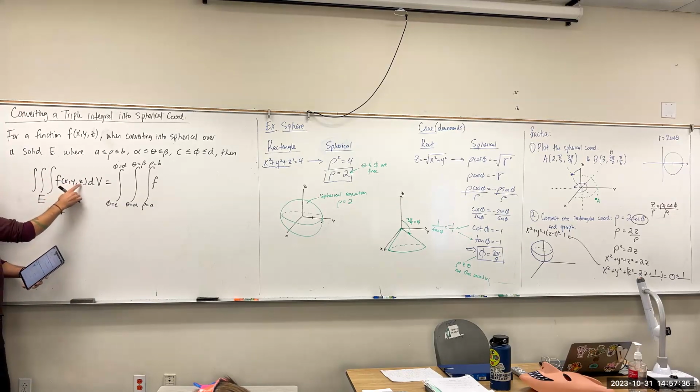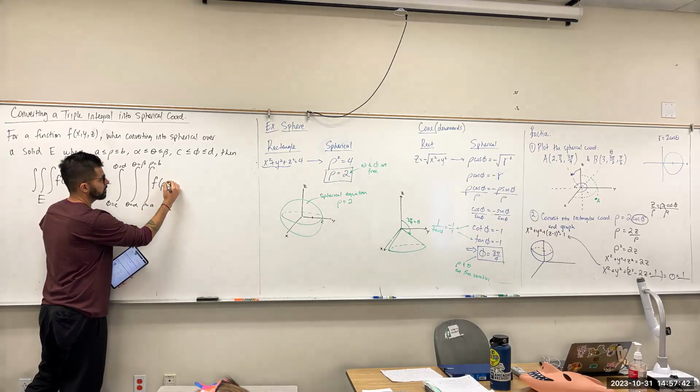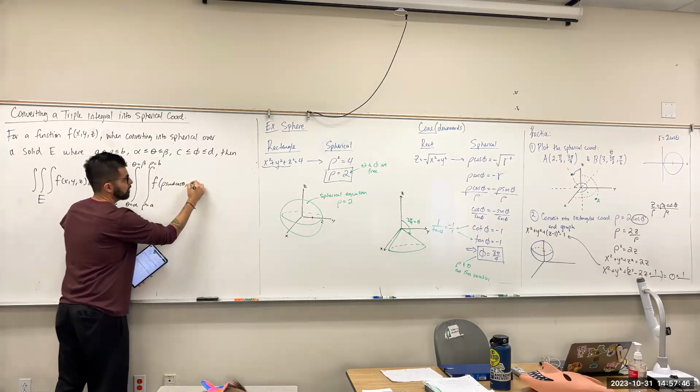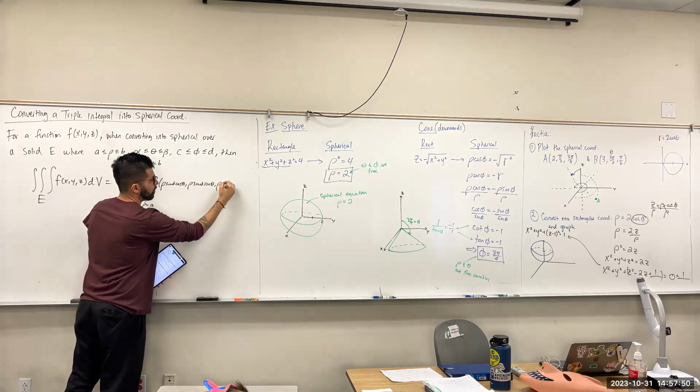Your x, your y, your z, all those have to turn to spherical. So I apologize for all the writing. It's going to be rho sine phi cosine theta, rho sine phi sine theta, and rho cosine phi.